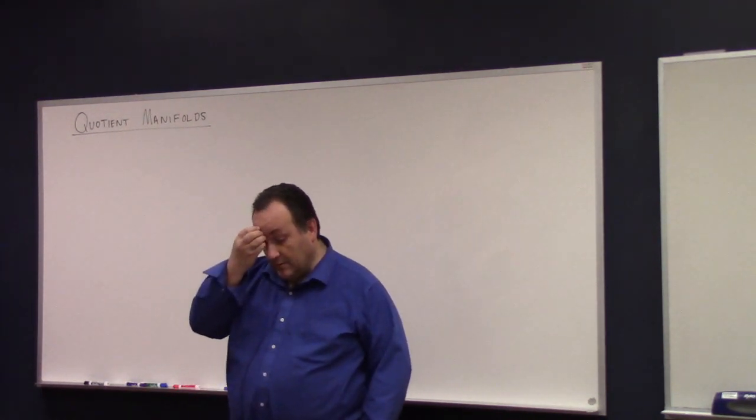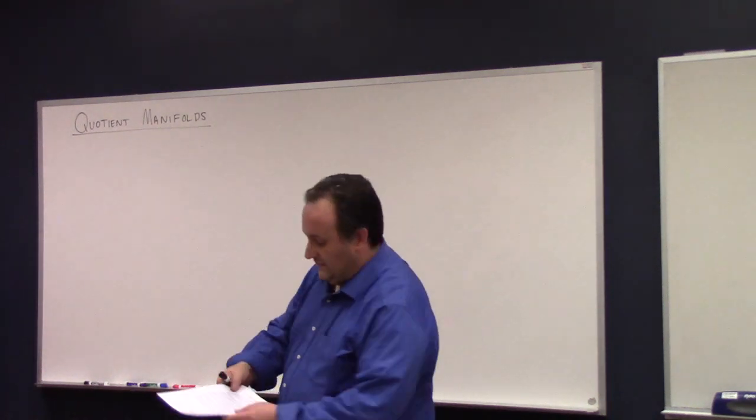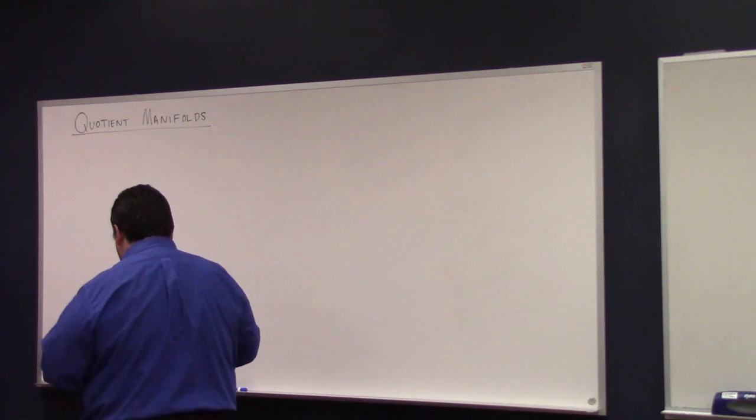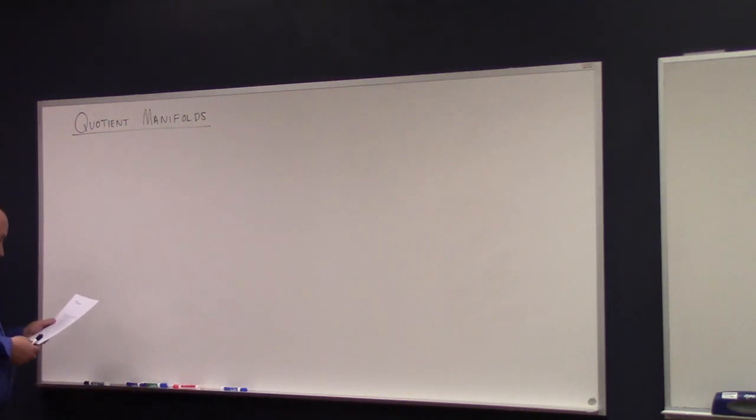So I just wanted to say a few words about chapter 21 here in John Lee's book. As he says, the main event for this chapter is the quotient manifold theorem.